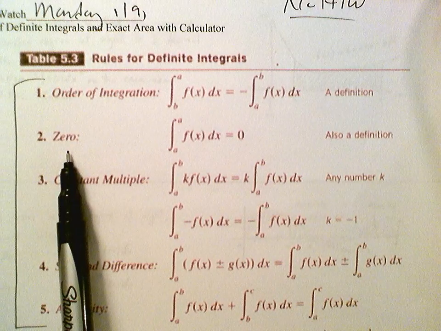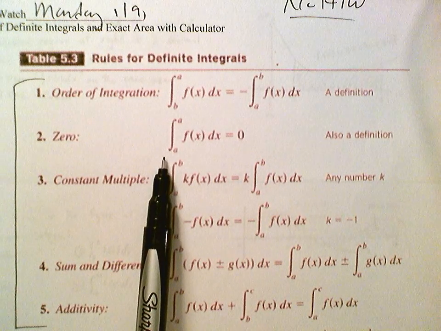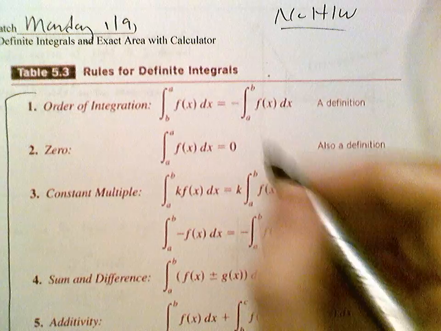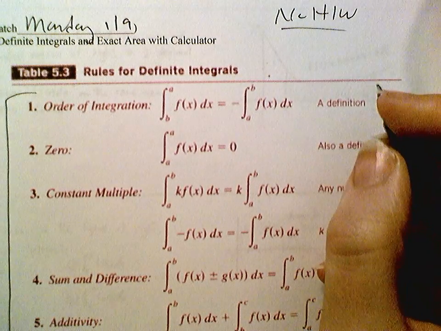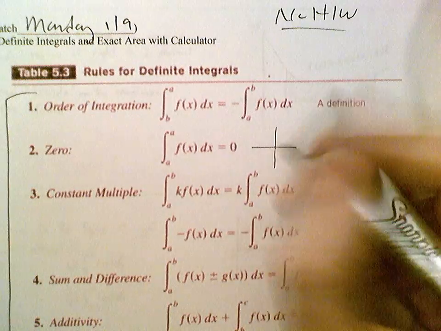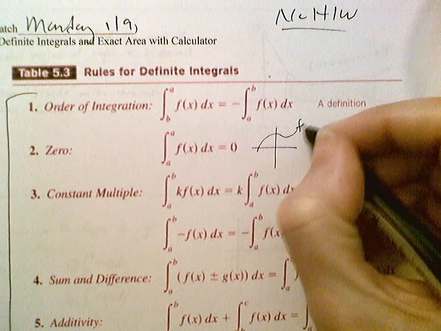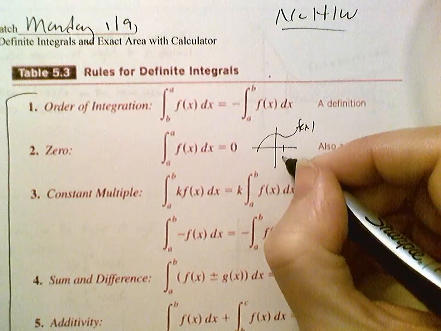There's the zero rule, which says that the integral from a to a of f of x equals 0. I just want to do a little picture here. Let's do a curve, and we'll say that that's f of x. And let's say that this is a.